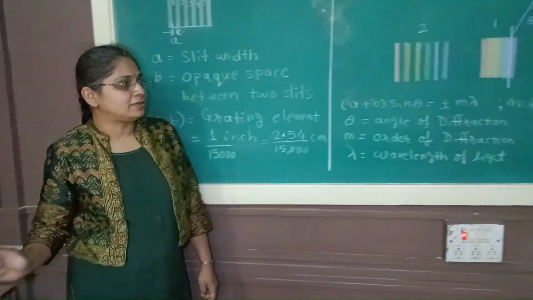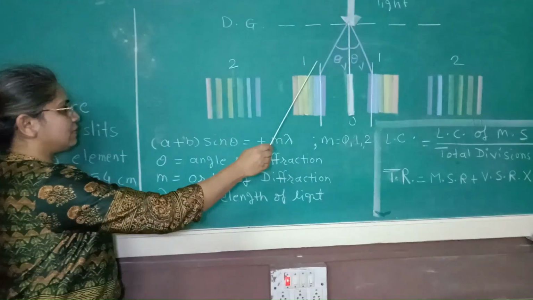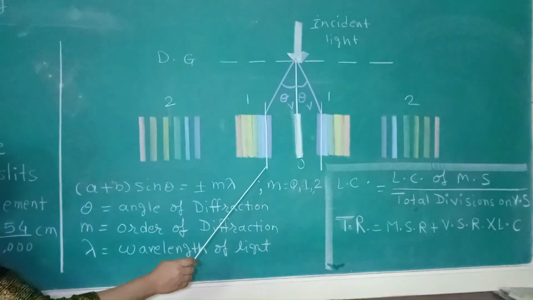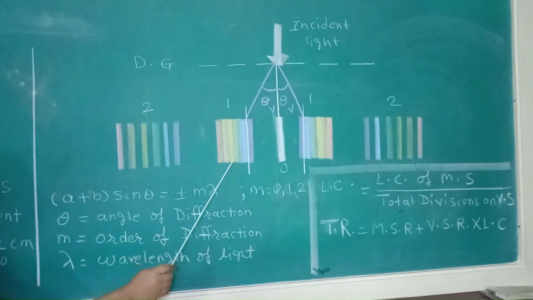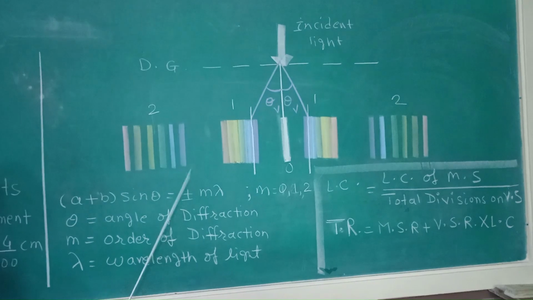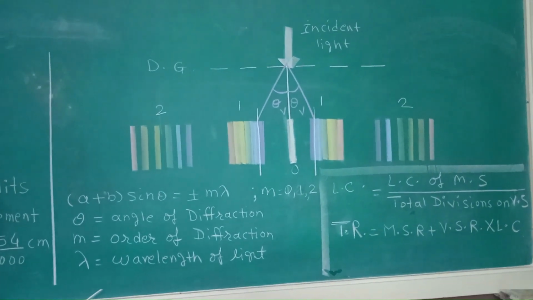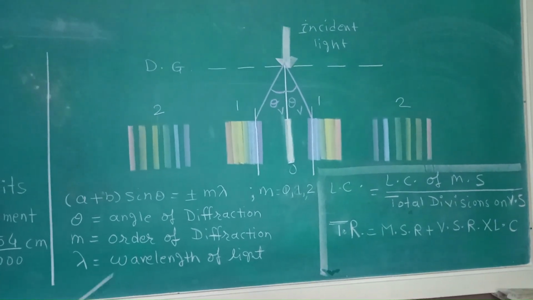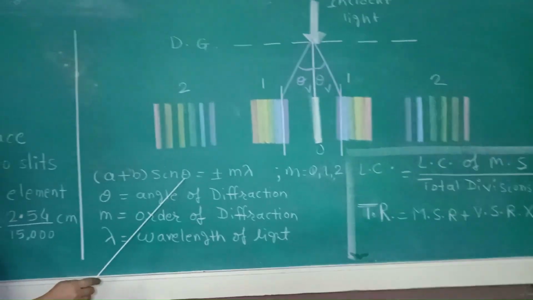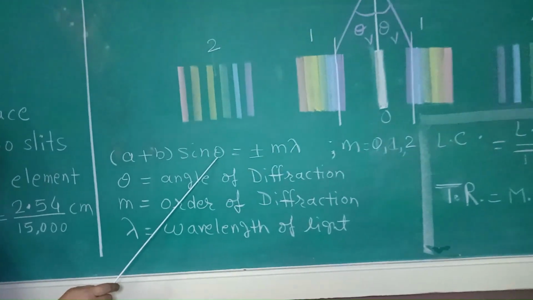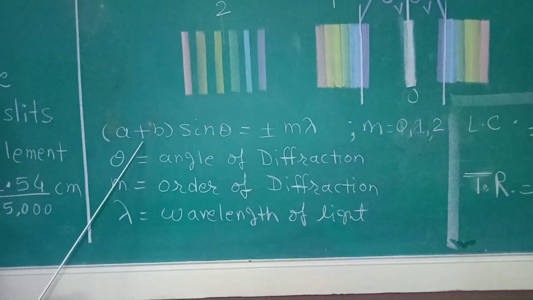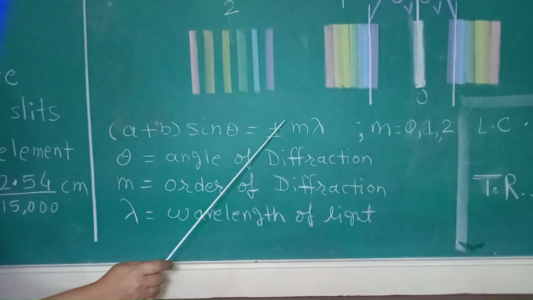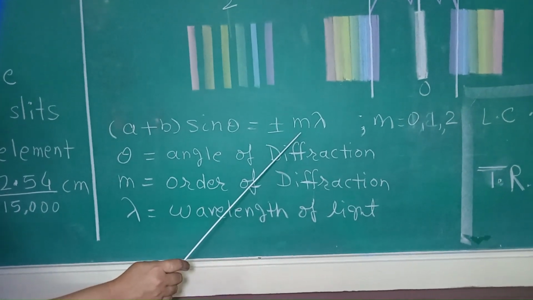In this way you can adjust the vertical crosswire of the telescope tangential to green color also. Take the reading from both windows, window A and window B. Substitute the angle of diffraction in the formula. A plus B is known to you. m is the order of spectrum.